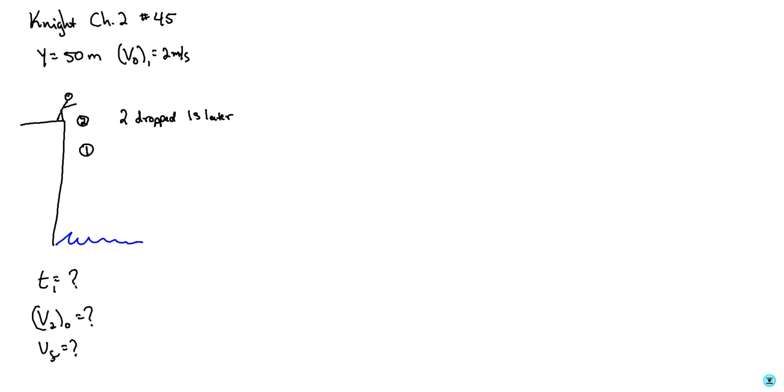Okay, so part A, just finding that time. All right, so if we know the height, we can usually find the time. We're going to go with that second kinematic equation of y equals y sub o plus v sub o, call that 1t, plus 1/2 g t squared.